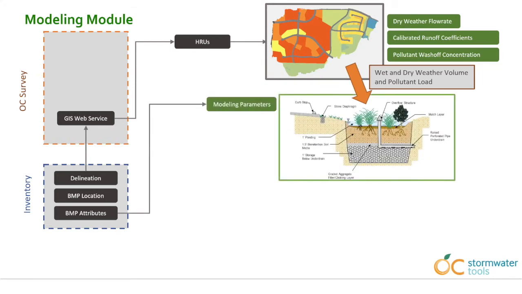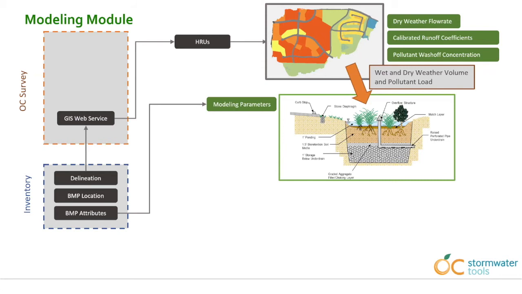This information can also be combined with regional monitored information to establish the loading that's going to enter the BMP as well. So our HRUs are really driving the hydrology, and they're driving the loading that our BMPs are going to receive.